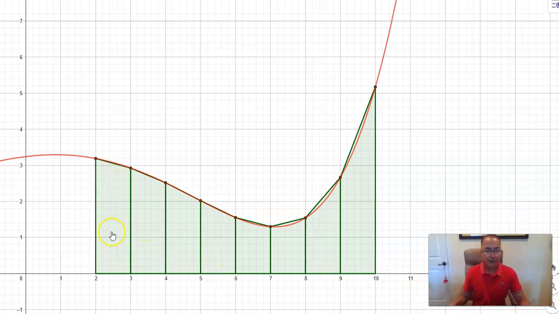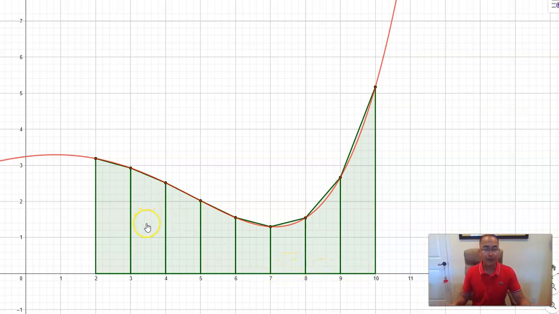So the area of the first trapezoid will be the average of y0 and y1 multiplied by the height, which is delta x, okay? So yes, of course, all the trapezoids will have the same width, or in this case height, I guess, except it's standing up. So all of them have width or height delta x, depending on how you want to look at it.